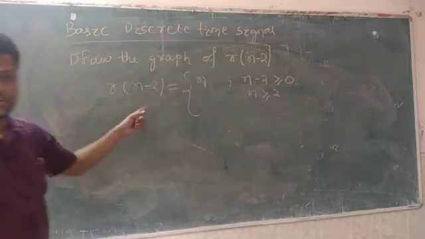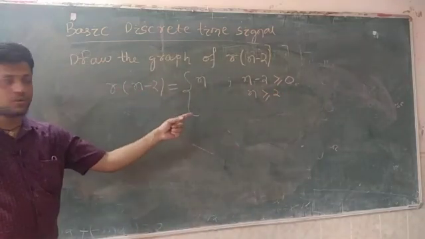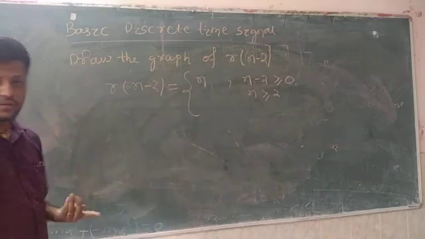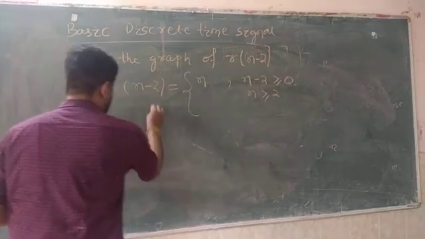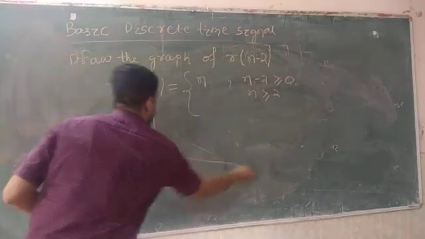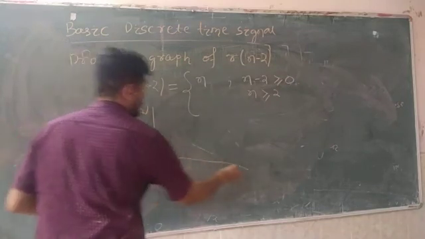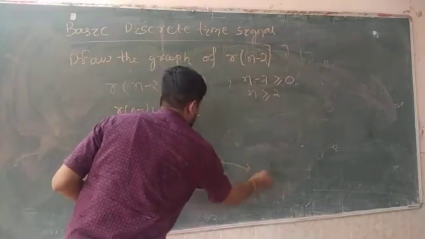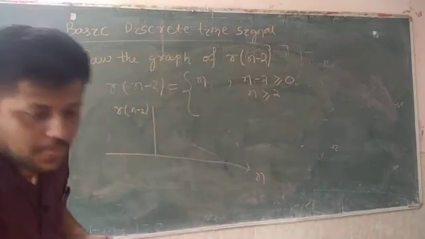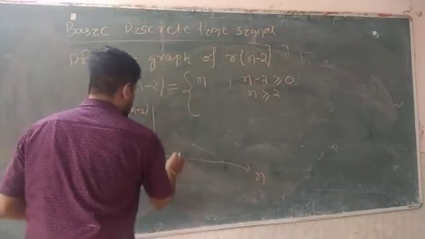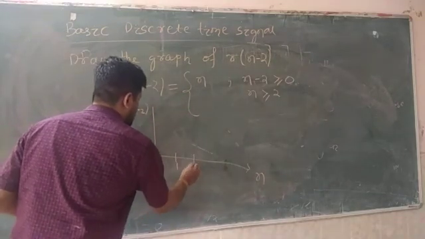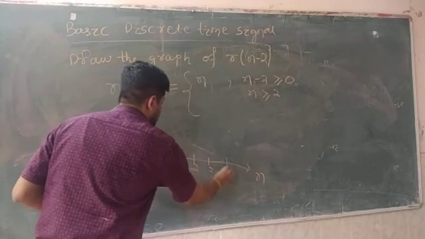That means this sequence will start when n is greater than or equal to 2, and only then will the value be n. How to draw this: for r of n minus 2, we have n here, this is 1, this is 2, this is 3, this is 4.